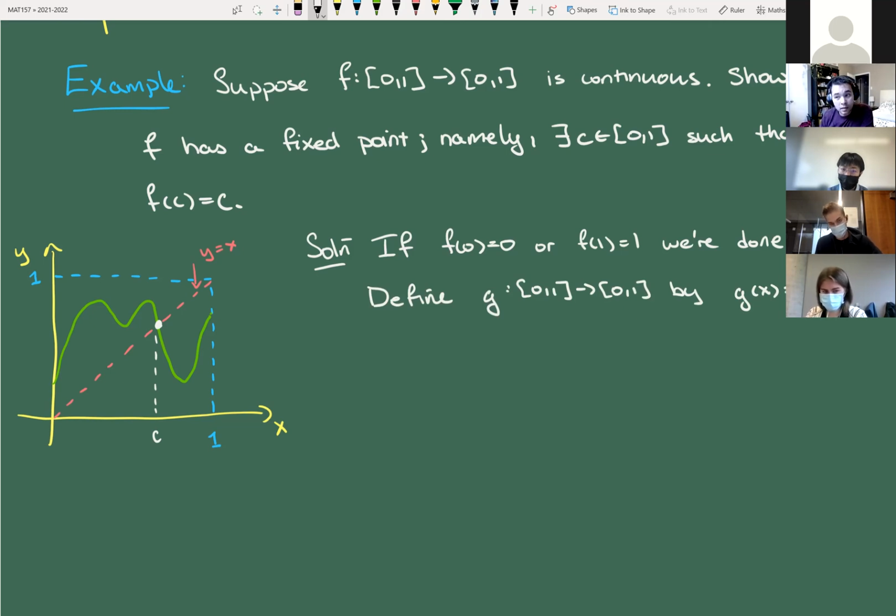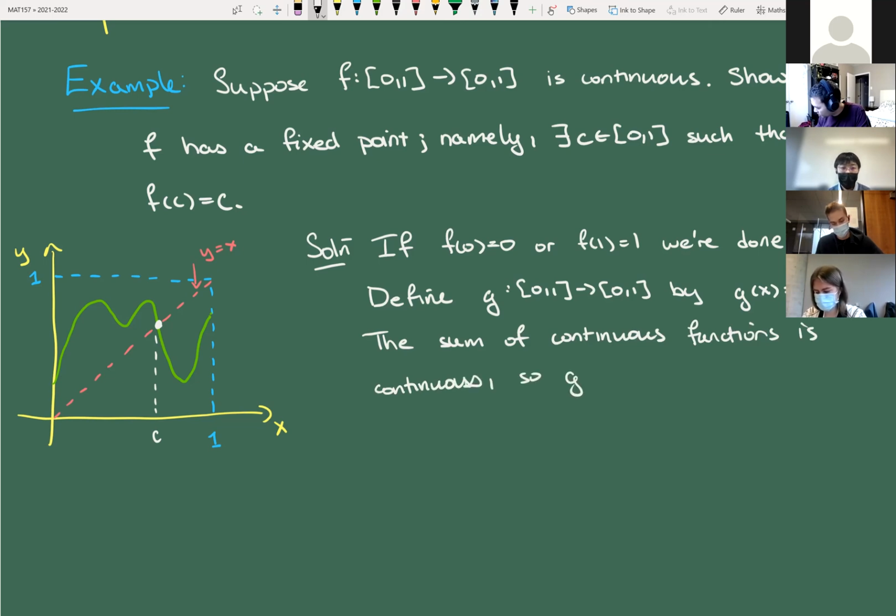This is continuous because the sum of continuous functions is continuous, right? So by subtracting x, I know f is continuous to begin with. The function, whatever, k of x equals x, is continuous. So the sum of continuous functions is continuous. So g is continuous.